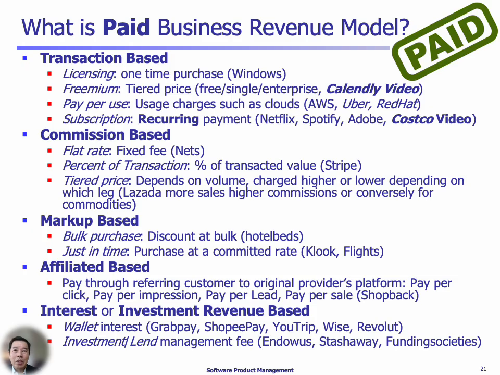You can pay it differently. Affiliate is pay per lead, pay per sales, pay per impressions. These are all different types of affiliate based. Interest, you are using a wallet, you deposit certain things there, you don't get the interest, so they make money out of how much assets they're managing, and they get interest out of that.